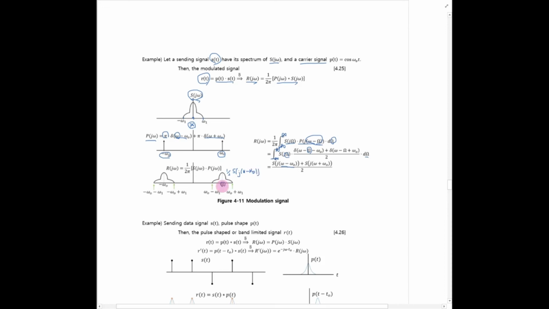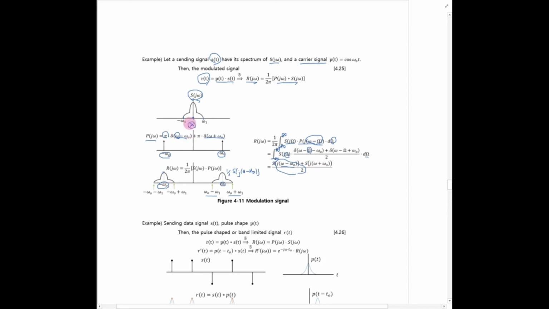This is the pulse shape. The upper bound is omega 0 plus omega 1, and the lower bound frequency is omega 0 minus omega 1. So this is this part of the signal. The other part is mapped to the negative frequency. It's moved to minus omega 0, similarly scaled by 1.5 and shifted by minus omega 0.